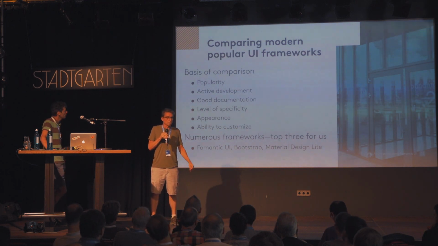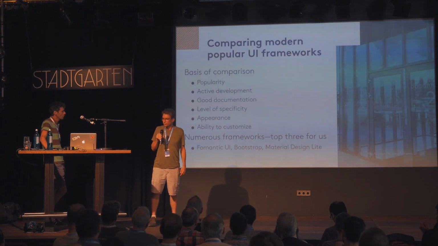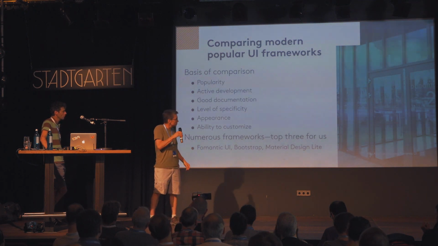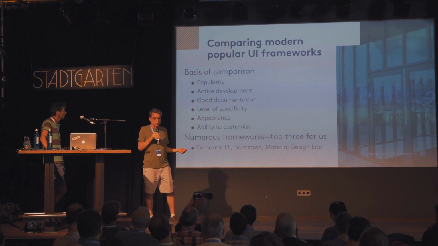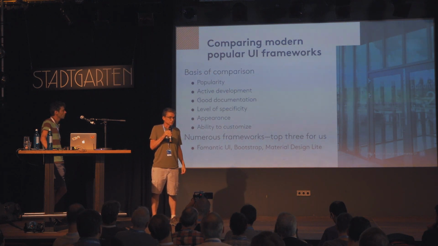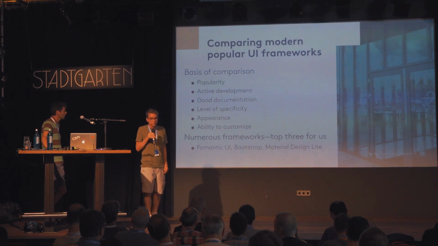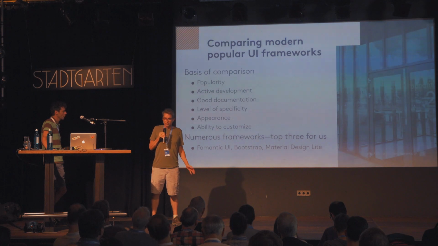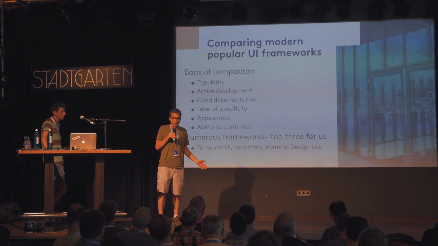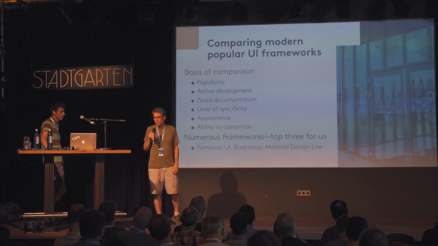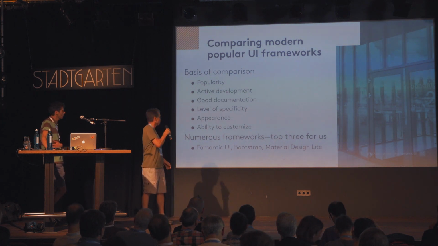So we want one where there's active development, where it's really cutting edge and it has a very pleasing, snappy appearance. But by the same token, we didn't want something that was necessarily too popular because we didn't want to look like everybody else. We wanted active development. We know that there's lots of activity here. It's fast-paced. We wanted something that would stay relevant for as long as possible.